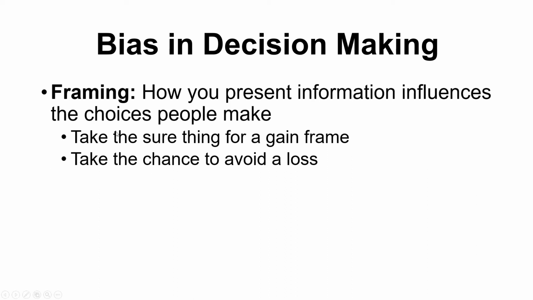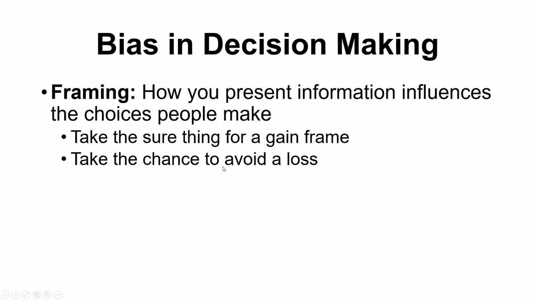But just for what we're aiming for here, people tend to take a sure thing, a guaranteed gain, when things are framed as gains. And we tend to be more risky, we tend to take chances in order to avoid losses. So we like a stable option when there's the potential for gaining, and we tend to be risky in order to avoid losses.